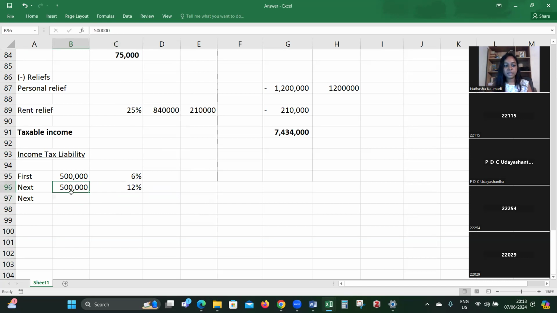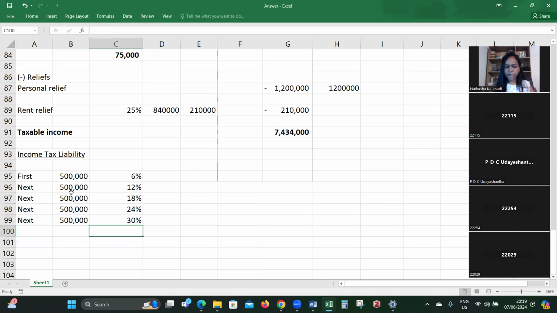Then the next 500,000 is 18%, and then the next slab is 24%. Next 500,000, it's 30%.